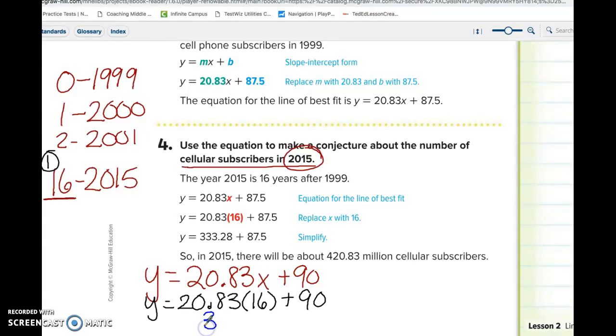Should be 333.28. Okay? Now that you got that, now you just add 90 to it. What do you get? 423.28.